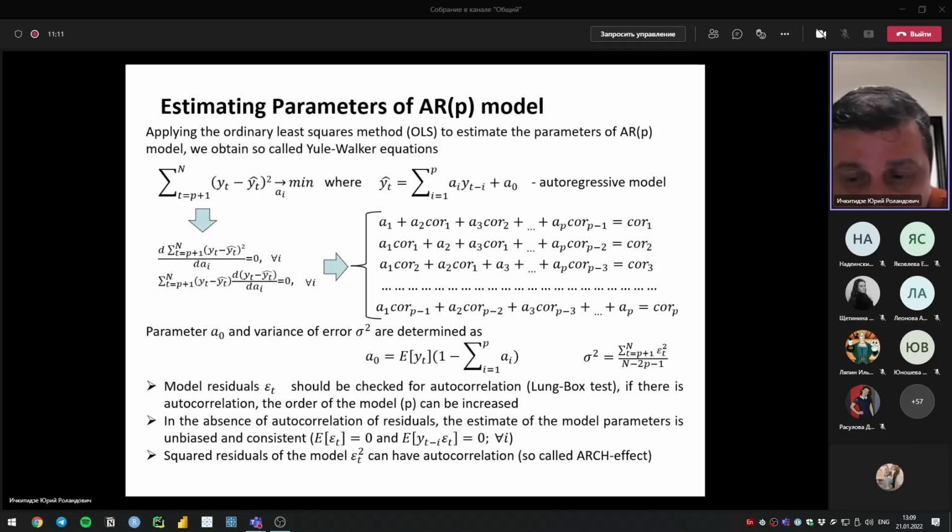This is the so-called ARCH effect, and this ARCH effect opens up prospects for constructing conditional heteroscedasticity models, the ARCH model and the GARCH model. We will get to this a little further on. So now the square of the residuals of the model having autocorrelation should not confuse us.